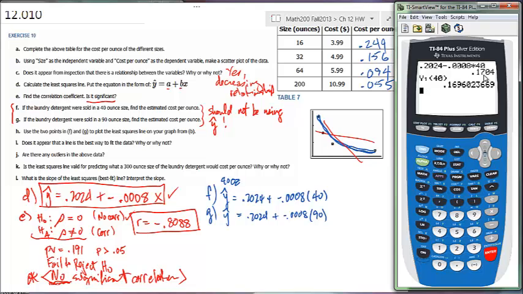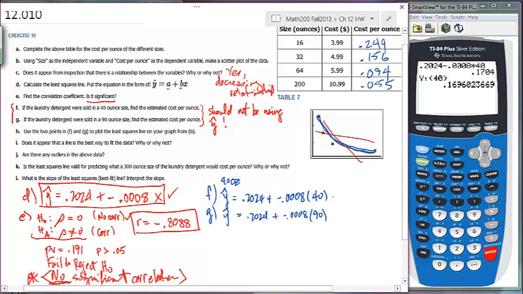That's fairly close to this 0.1704 that we got, but this is more exact, so I would go with this calculated work over here. So I'd say 0.1696 would be your cost per ounce.